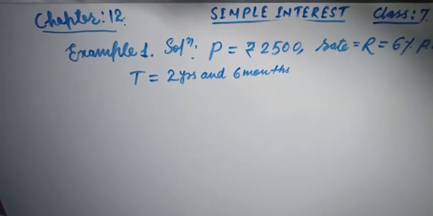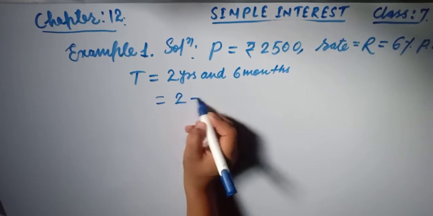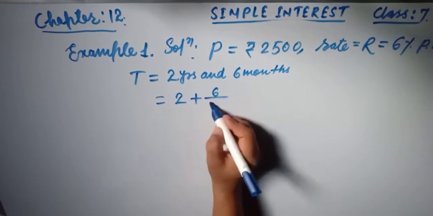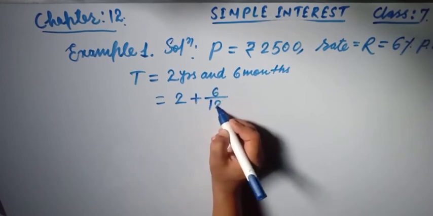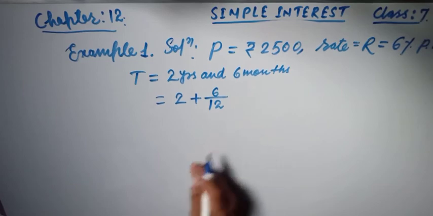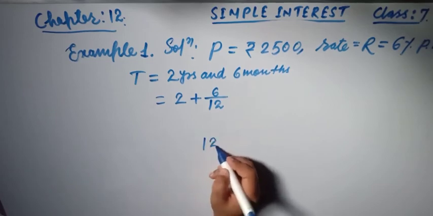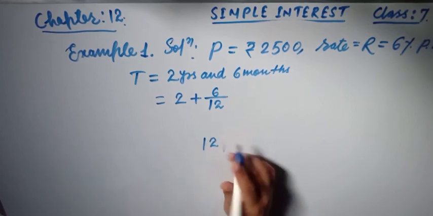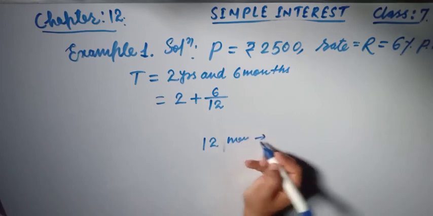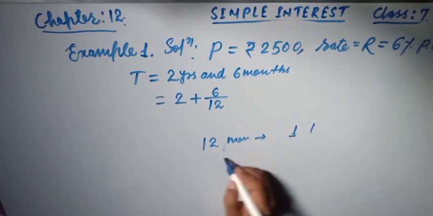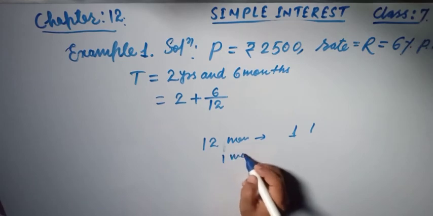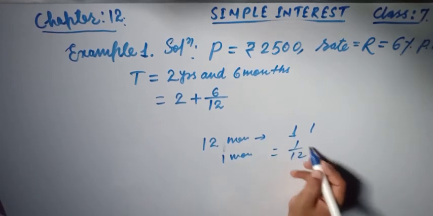First we have to change all this from months into years. Here the 2 years, now 6 months could be written as 6 divided by 12, because 12 months is equal to 1 year, so 1 month is equal to 1 by 12 year.